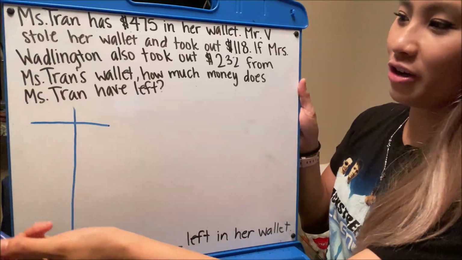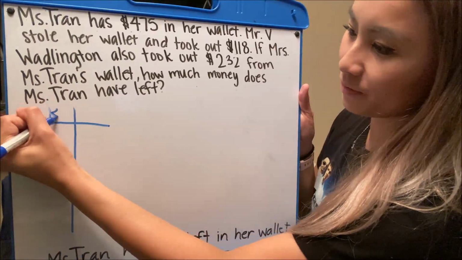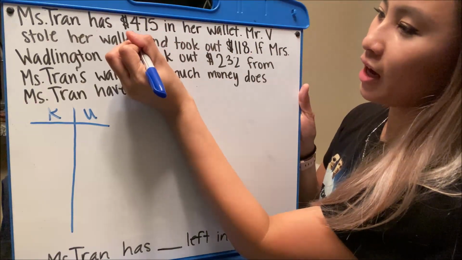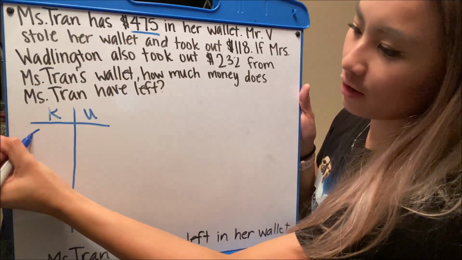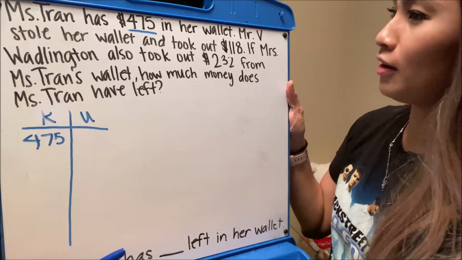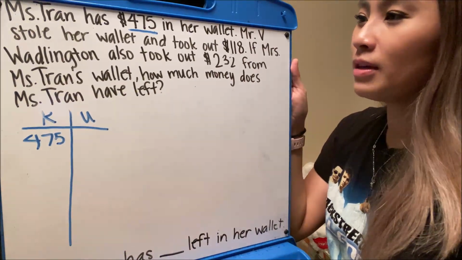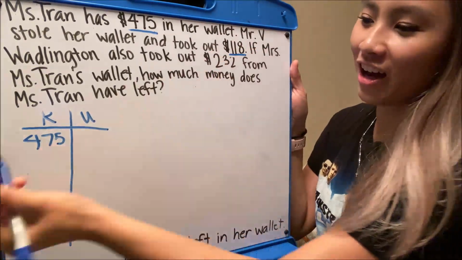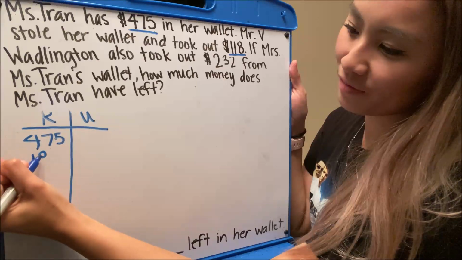So let's draw our known and unknown chart. We know that I started off with $475. But then for some reason, Mr. V decided to steal my wallet and took out $118.